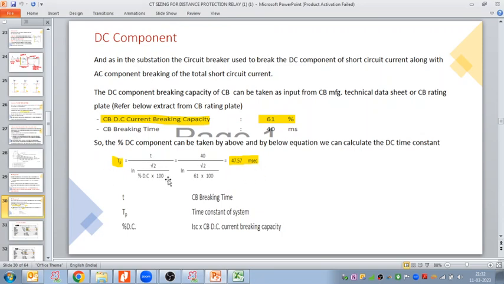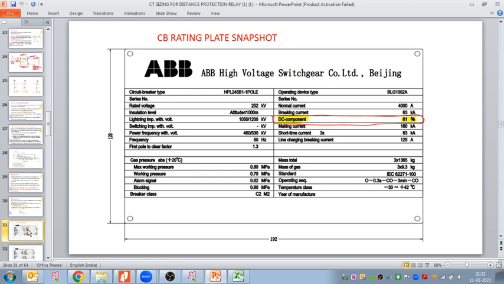If you remember, we discussed these things during ETP, in the grid modeling calculations.